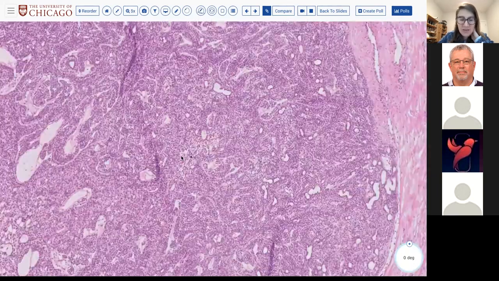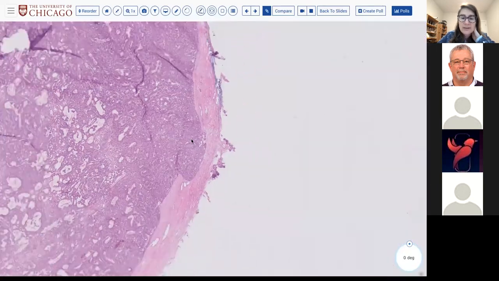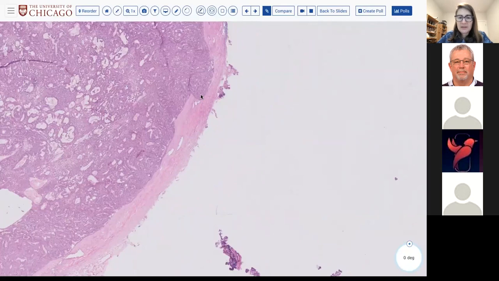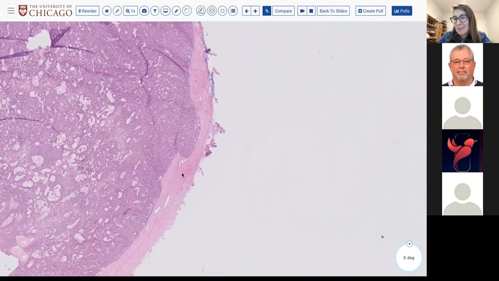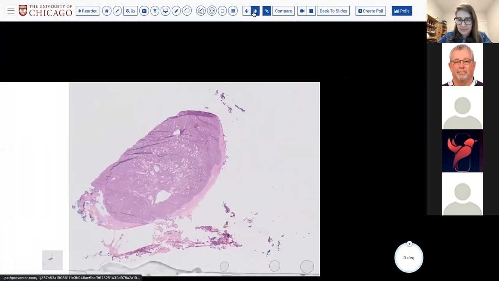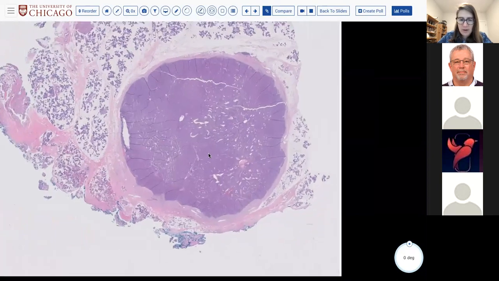And so this is a frozen of that case, just showing you, there does appear to be a thin capsule. There appears to be a little pooch into the capsule, right? But not transcapsular invasion. And so low-grade salivary neoplasm in this case would be adequate. Here's the resection specimen, very circumscribed.